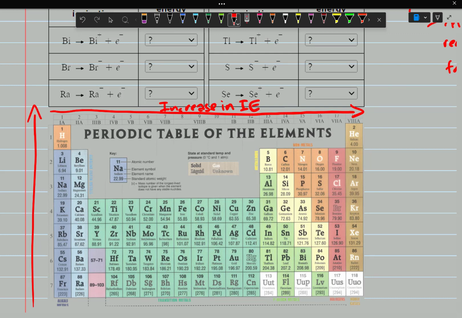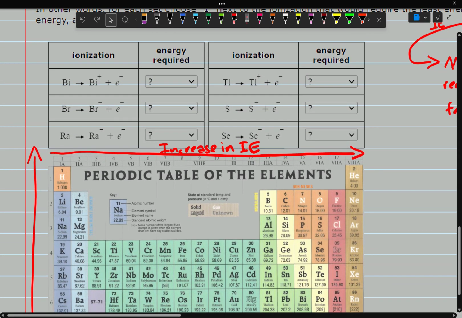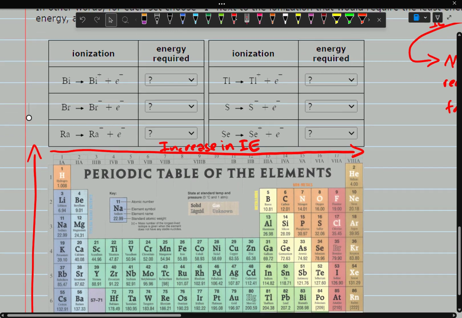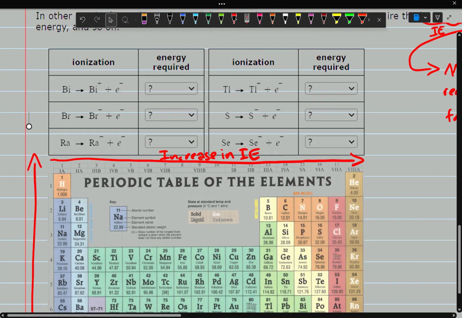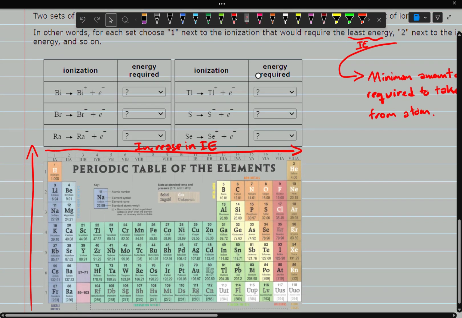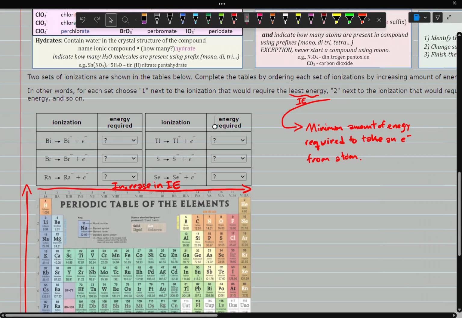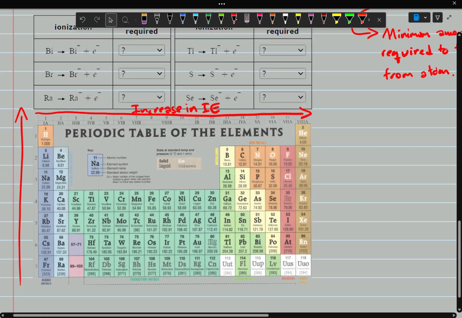So, we're given these elements, and we want to order them from least ionization energy to most, I believe. Yeah, least to most.